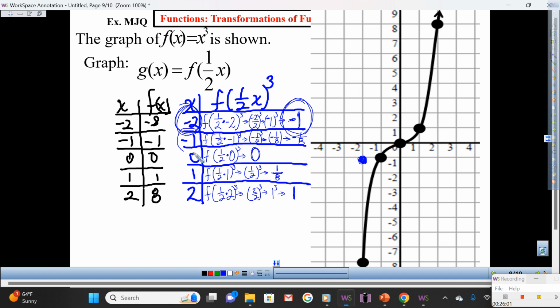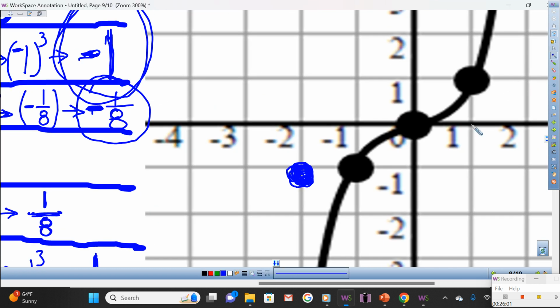Let's go to the next one. -1, -1/8. Look up. It's very close to the x-axis. Let me zoom in so you guys can see it. -1, -1/8 is right around there.